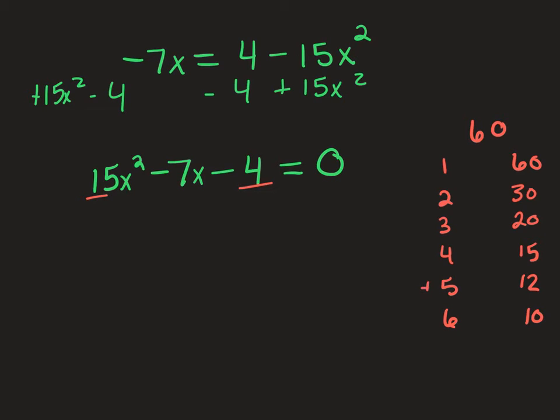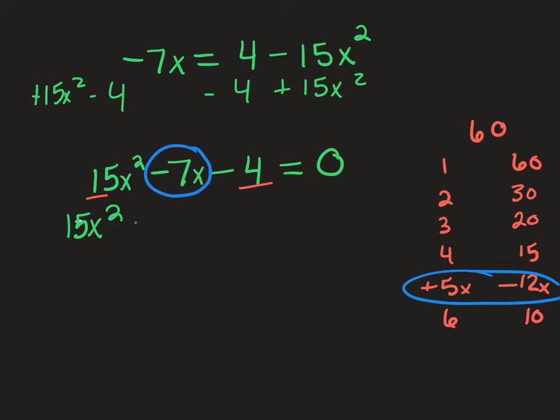So that would be a positive 5x and a negative 12x. Remember, we're going to replace our -7x with this here. So we get 15x squared plus 5x minus 12x minus 4 is equal to 0.